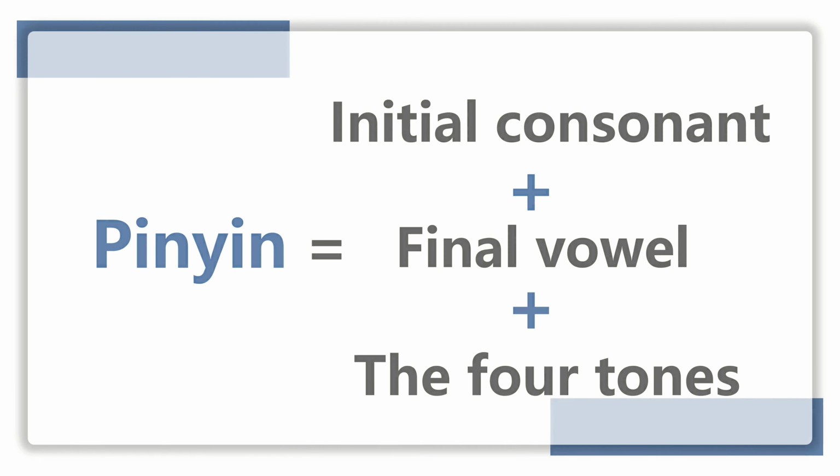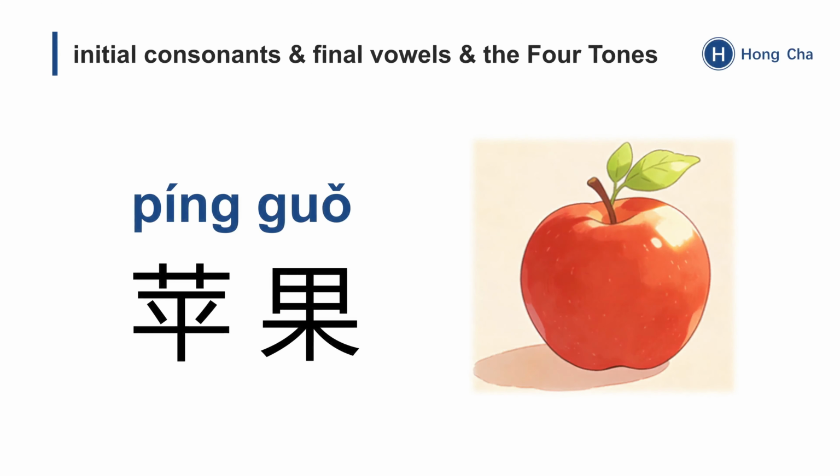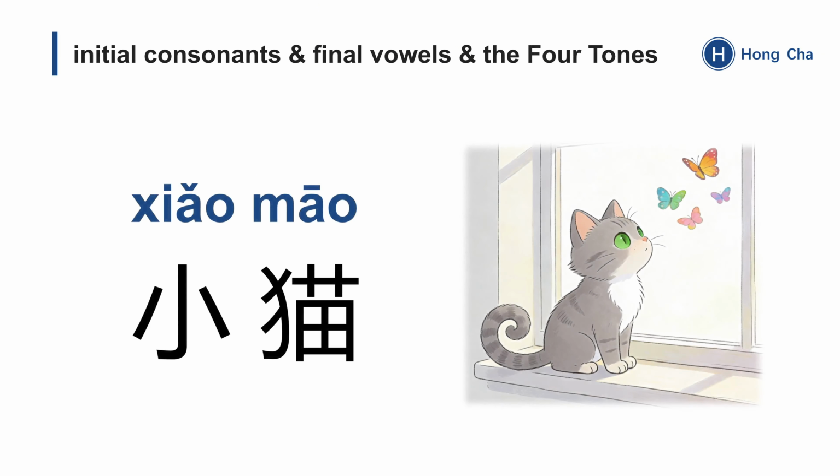Okay, the first one, 苹果, p, ing, g, u, o, 果, 苹果 means apple. The second, 小猫, xi, i, ao, 小, m, ao, 猫, 小猫 means little cat.